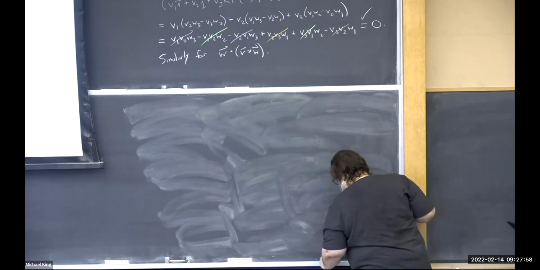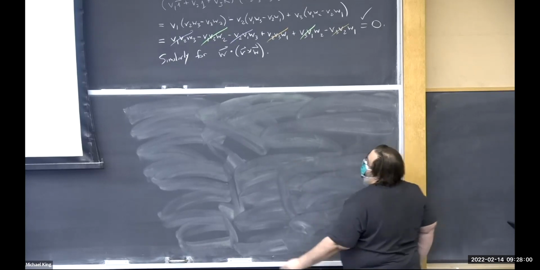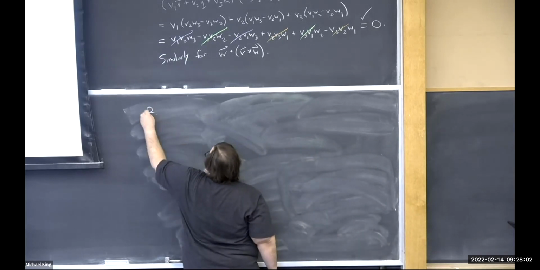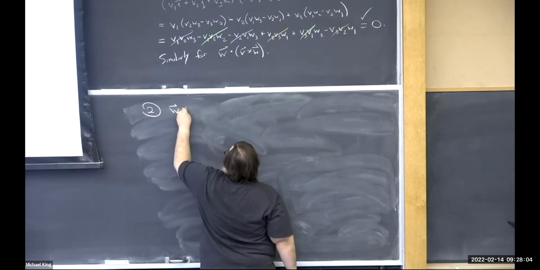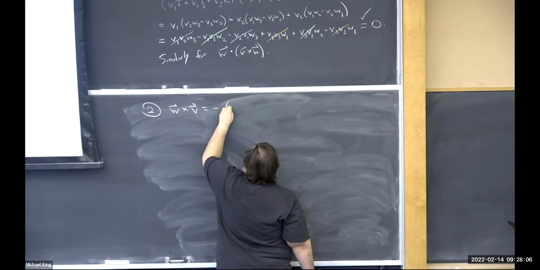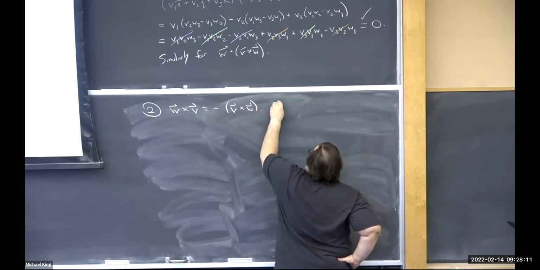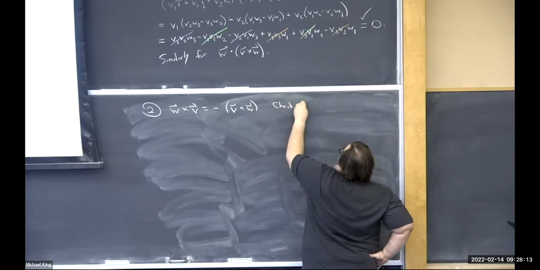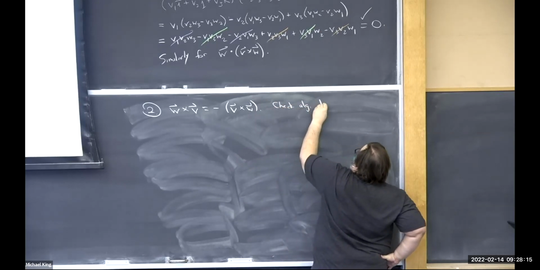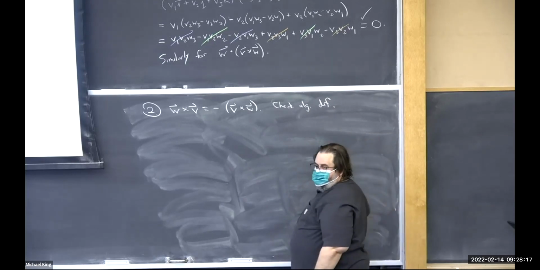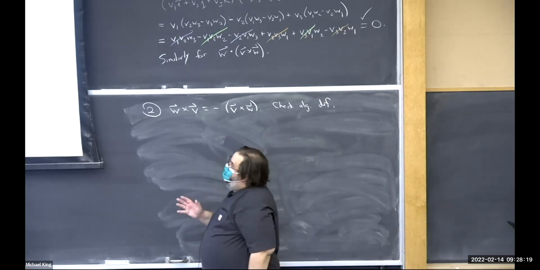If you've seen matrix multiplication, that also happens there. So W cross V is negative V cross W. Just check the algebraic definition, it's pretty easy. The geometric definition also says that because of the way the right-hand rule works, right?